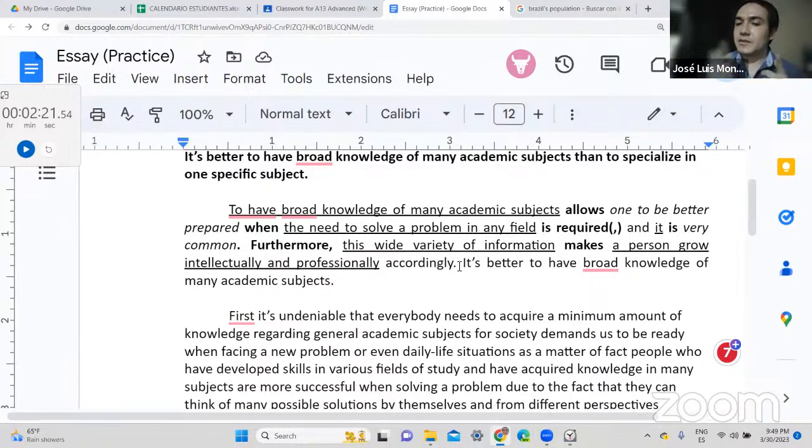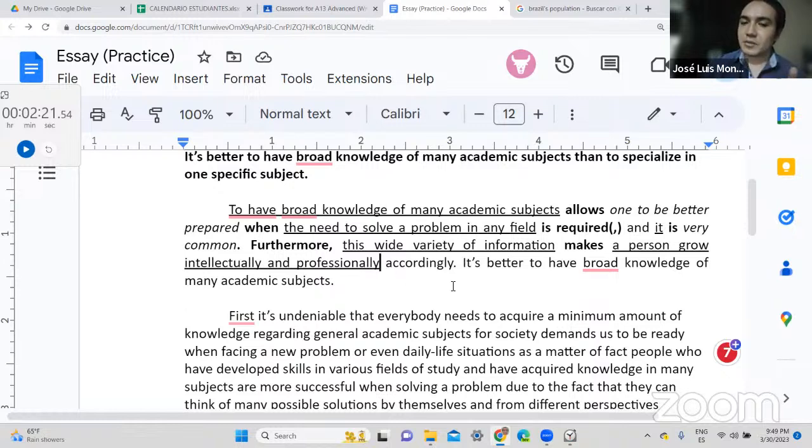But here we have just this wide variety of information makes a person grow intellectually and professionally. Those are two characteristics for the same person, right? But you don't need to say accordingly because you would need two different people to say that. So this must be part of the next element.